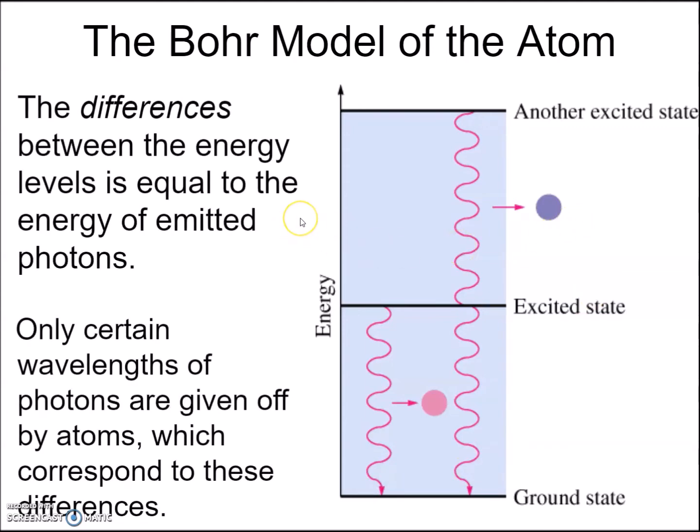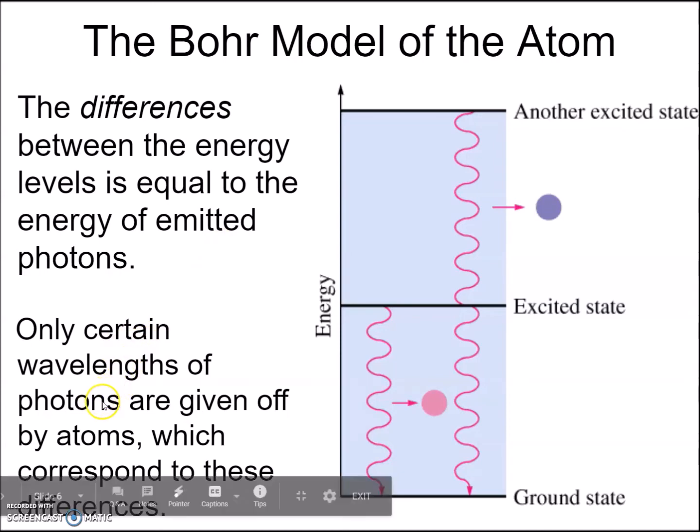So in the Bohr model of the atom, it's not the absolute energies of any excited state that's important, but rather it's the differences between the energy levels that correspond to the energy of the photons emitted.